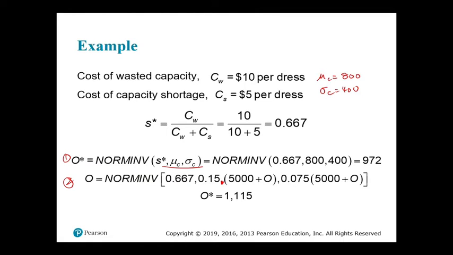There should be no comma there, this is a typo. It's 0.15 times the total booking. So this can only be solved by trial and error.